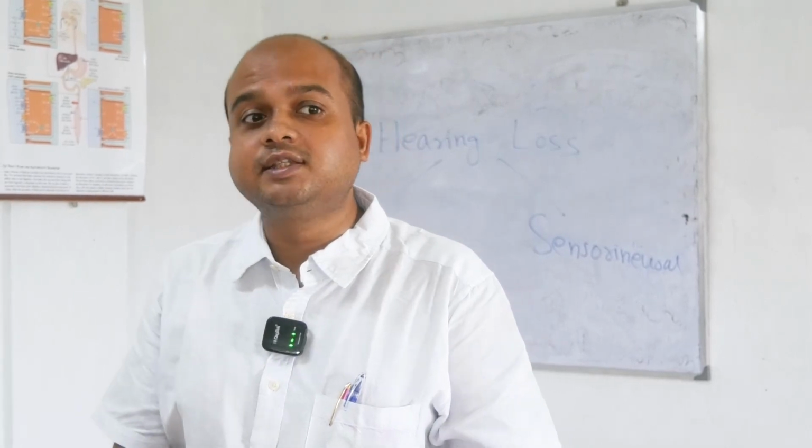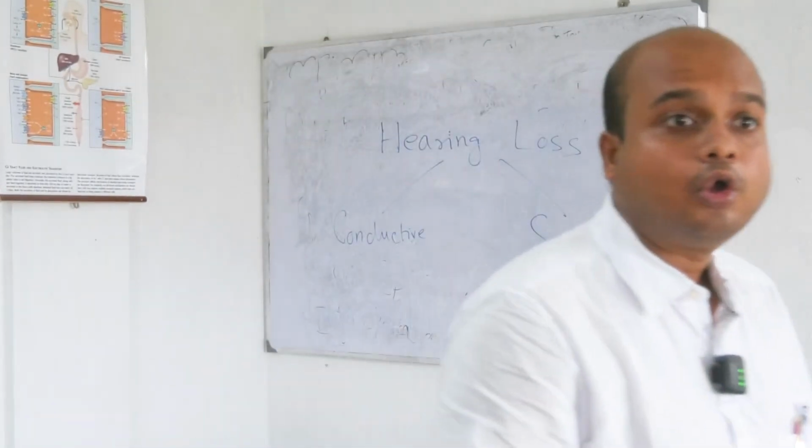Conductive hearing loss is where the defect is in the conduction pathway. So how is that possible? And where is the issue now in conductive hearing loss? Obviously, both can be there together. Conductive hearing loss or both, or everything is gone.